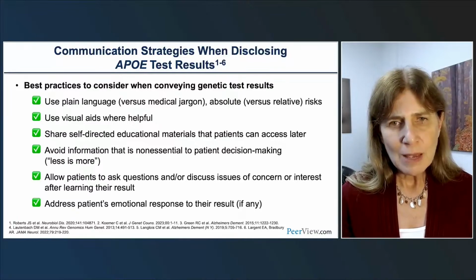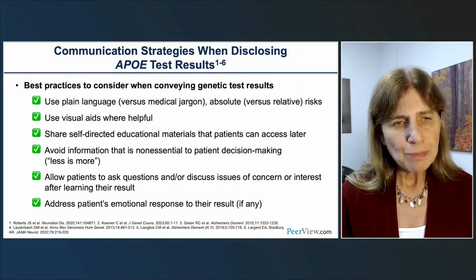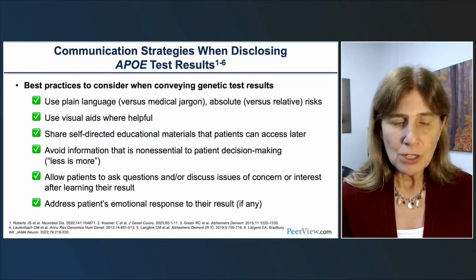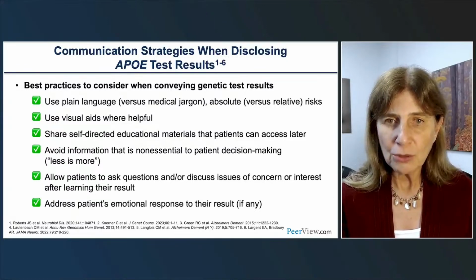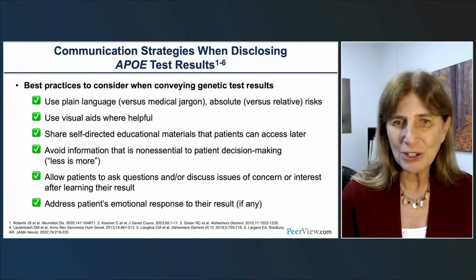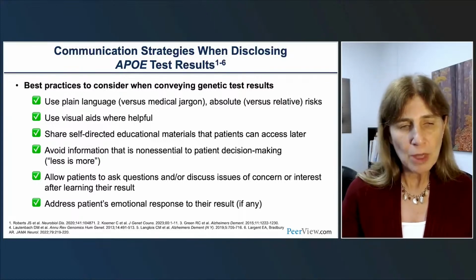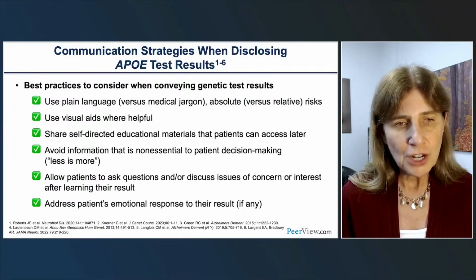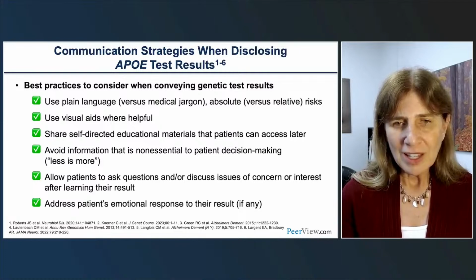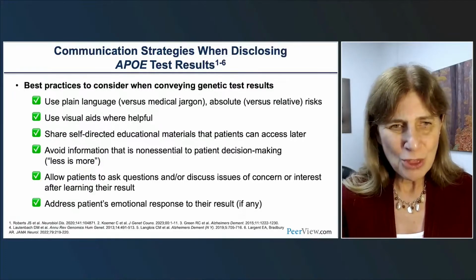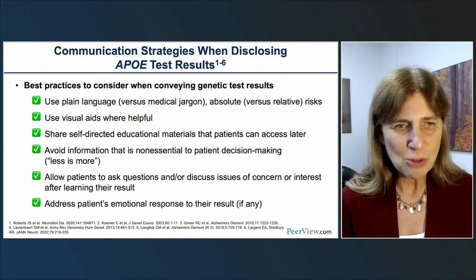Using visual aids can be very helpful. Sharing or directing patients and family members to educational materials, and there are some that are downloadable with this program that you may find helpful to share with your patients so that they can read up on what they've discussed with you and have a resource.